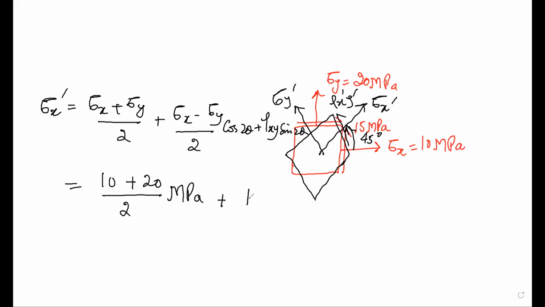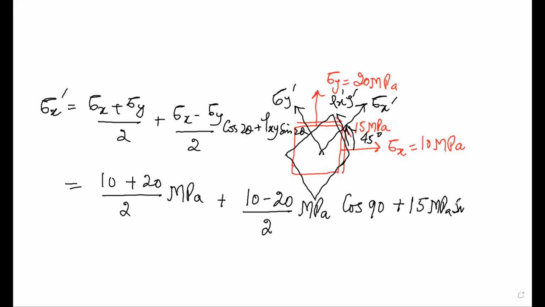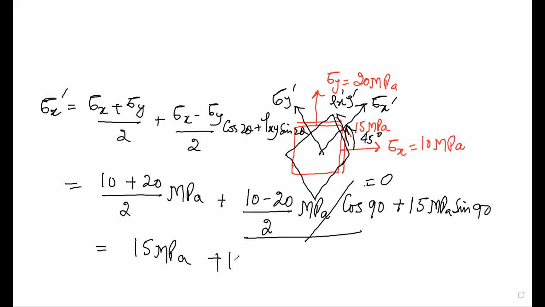Plus (10 minus 20)/2 megapascal into cos 2 theta, cos 2 times 45, cos 90, plus tau xy, it is anti-clockwise, it is 15 megapascal into sine 2 times 45 is 90. The cos 90 is 0, therefore this entire term becomes 0. This is plus 15 sine 90 is 1 megapascal. This becomes how much? 30 megapascal.